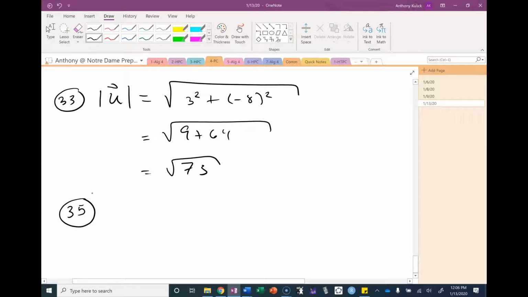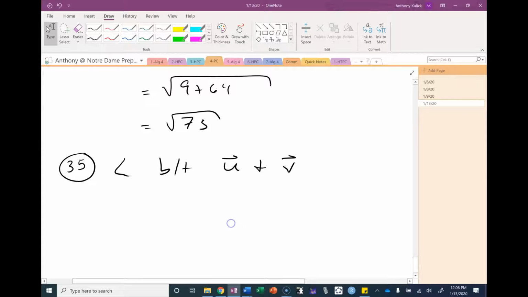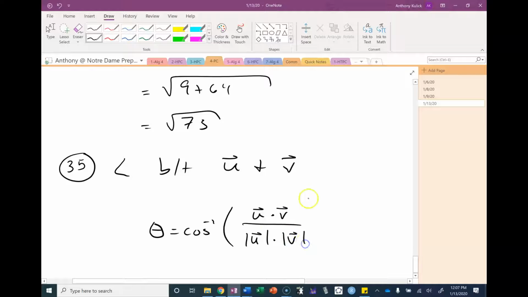So 35 wants us to find the angle between u and v. To do that, I'm going to use my angle between two vectors formula. Do you remember what that formula is? Okay. So the formula is the cosine inverse of the dot product over the magnitude of u times the magnitude of v.